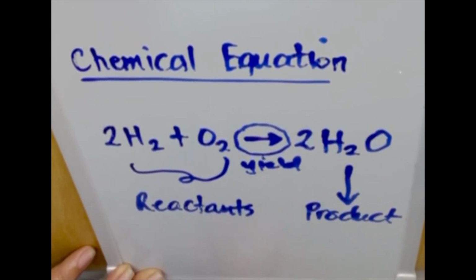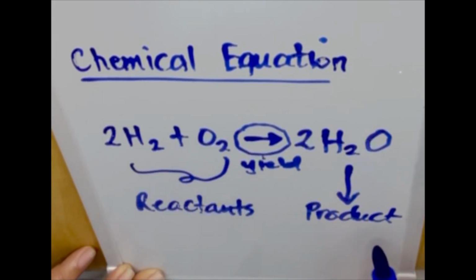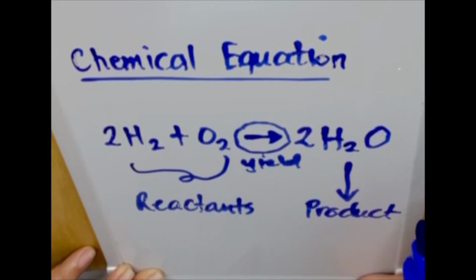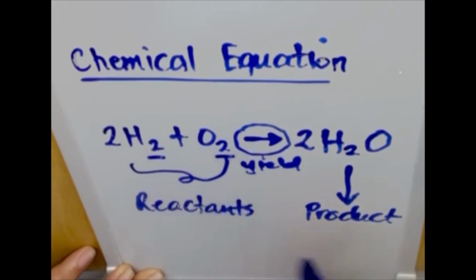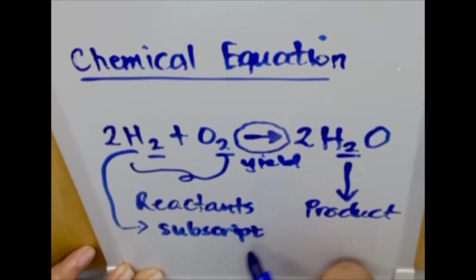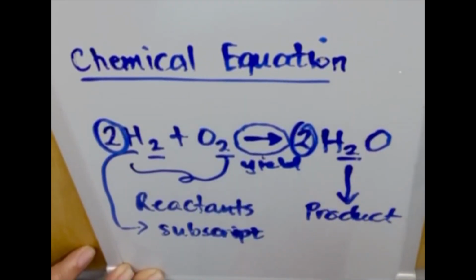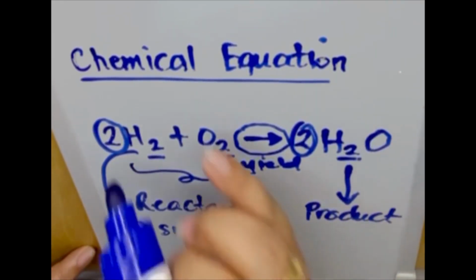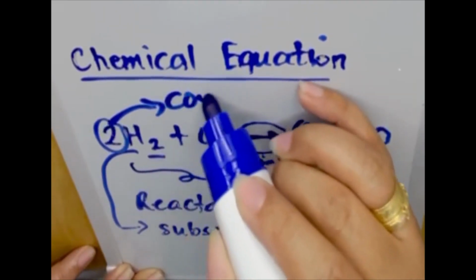Again, the reactants are written on the left side of the equation, while the product is written on the right side. The small number 2 written after the element is what we call the subscript, while this big number 2 written before the element symbol is what we call the coefficient.